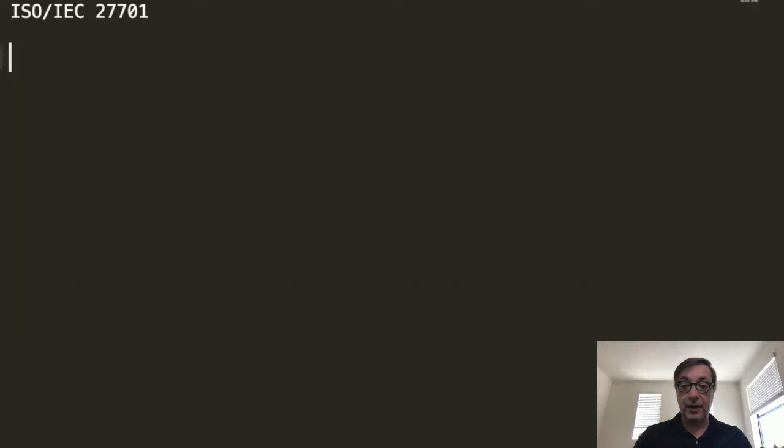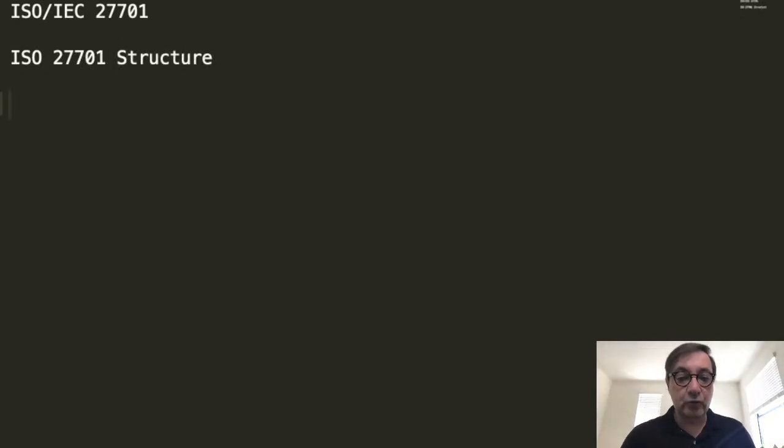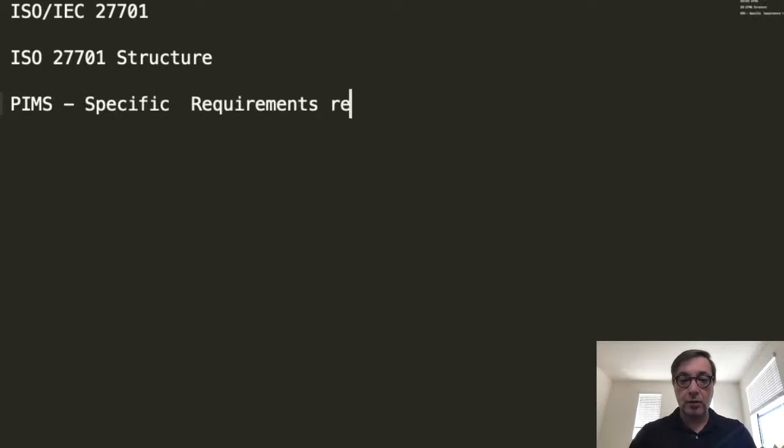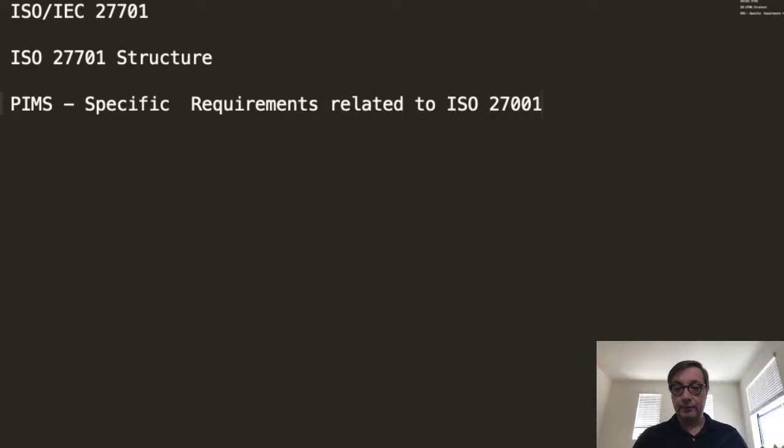So the ISO 27701 structure. Okay? This is the structure that you're going to have if you purchase the 27701. First of all is the PIMS specific requirements related to ISO 27001, right?